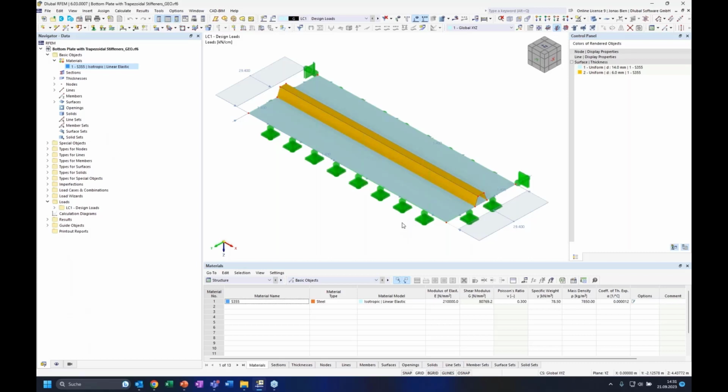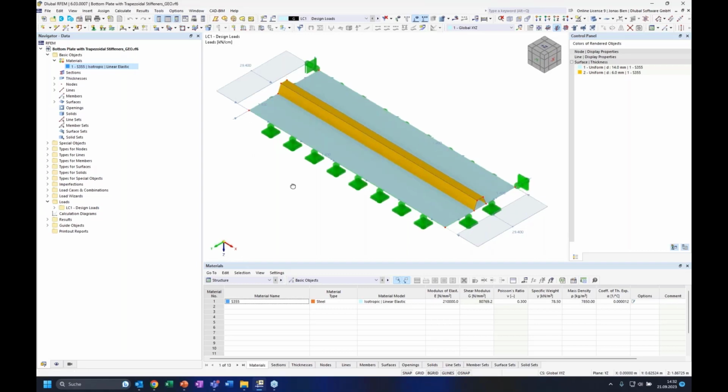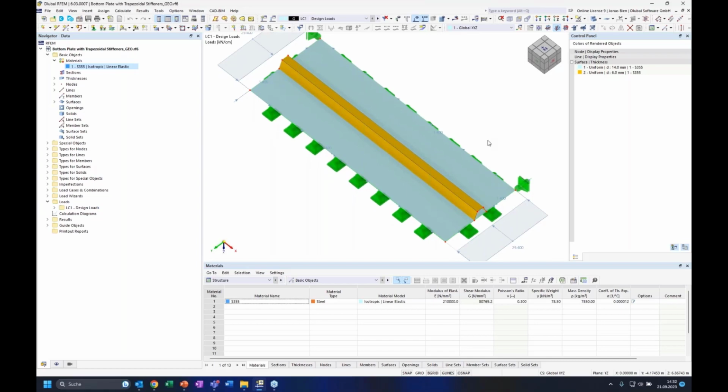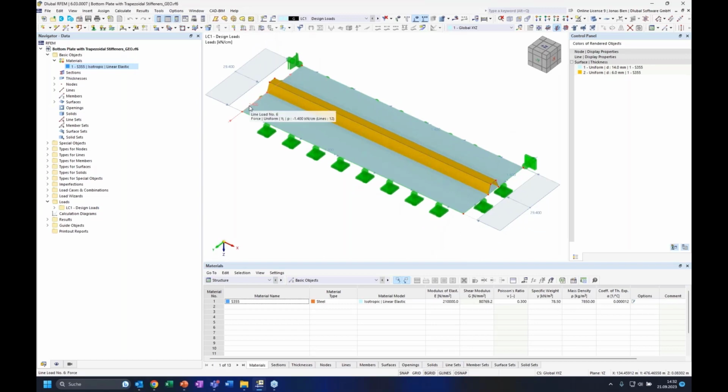If we want to have stress at this edge of 21 kilonewton per centimeter square, we just multiply it by the plate thickness to get a line load of 29.4 kilonewton per centimeter. And we do the same for the shear load, which you can see hopefully here, which is 1 kilonewton per centimeter square times 1.4 centimeters thickness of the plate, so it would be 1.4 kilonewton per centimeter.